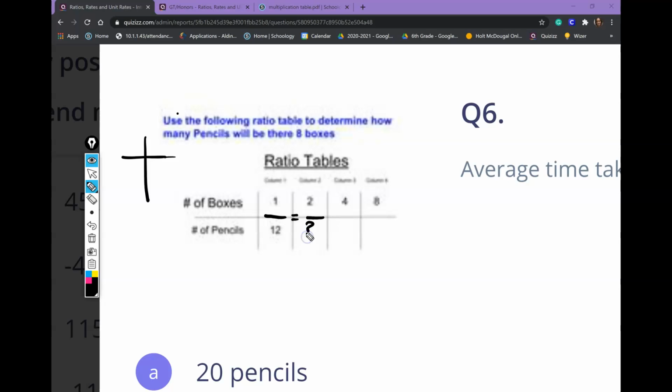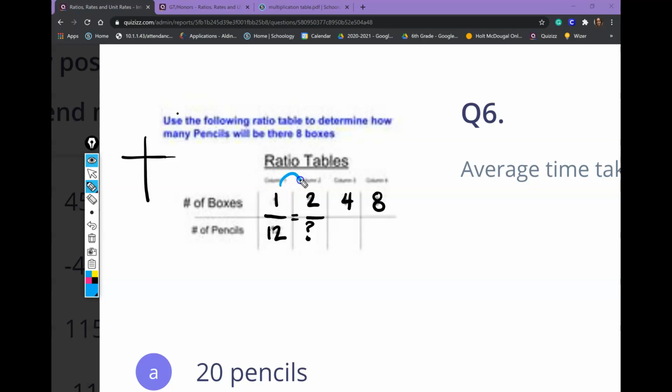We are trying to find 8 though. So what I'm going to do is see if I can find 2. I'm going to look at my relationship. I have 1 box for 12 pencils. If I have 2 boxes, 4 boxes, and 8 boxes. So with my proportion already set up, I'm going to try to find my relationship.